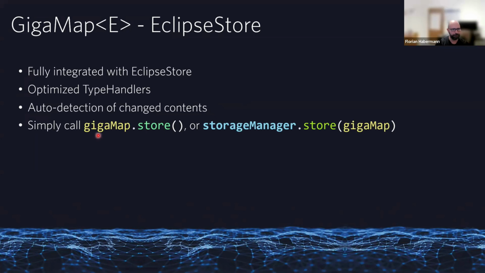If you call a GigaMap store afterwards, the GigaMap itself takes track of these changes and stores the referenced elements or the affected segments automatically. So just a simple store call on a GigaMap, no matter what changed in the map itself, you don't have to take track of this. The GigaMap does it internally, so just a simple store, and the changes are written to the binary layer.